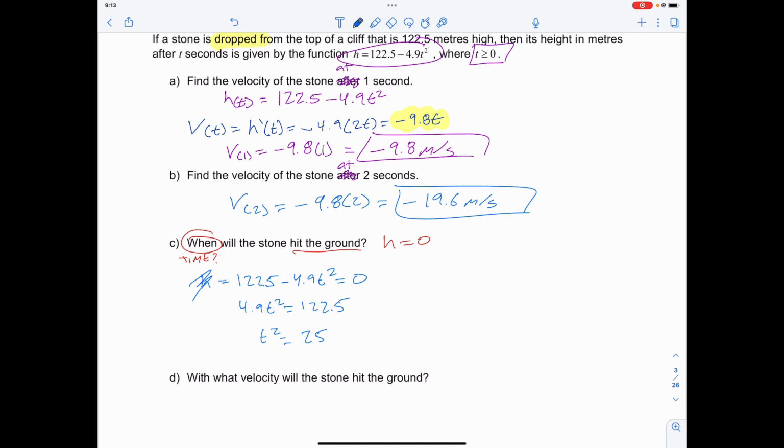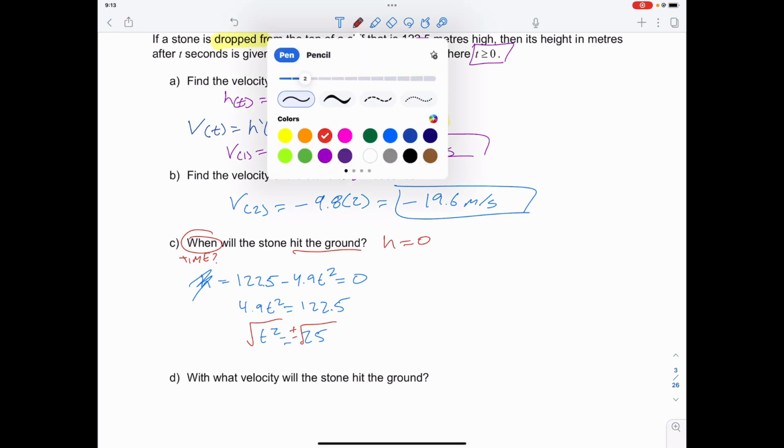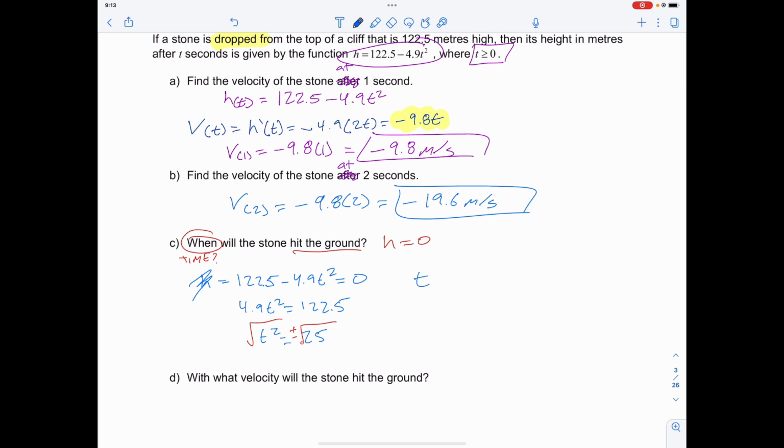Now remember, when I'm square rooting this, I would think of it in terms of the positive and negative square root, which means that I would get t is equal to negative 5 or positive 5. But we remember that it said that t has to be greater than or equal to 0, which means that the negative 5 answer doesn't make sense.